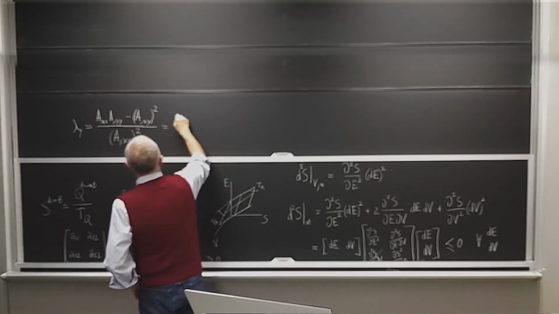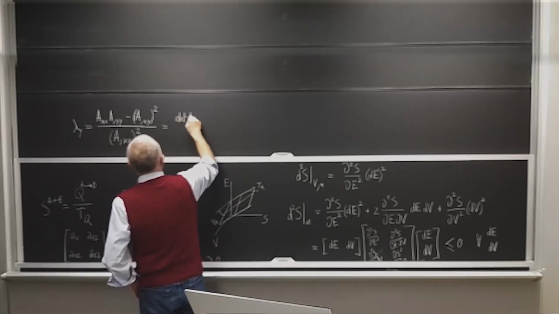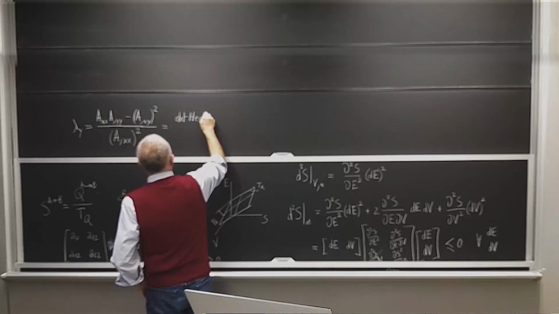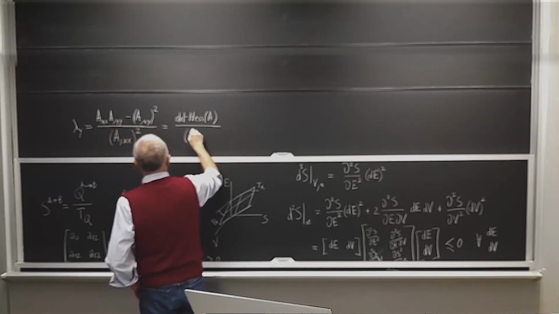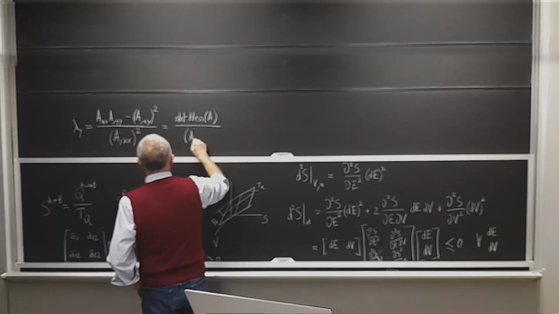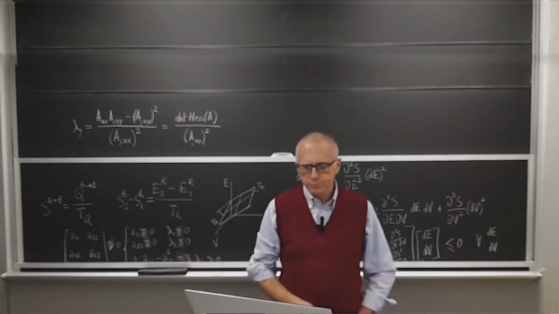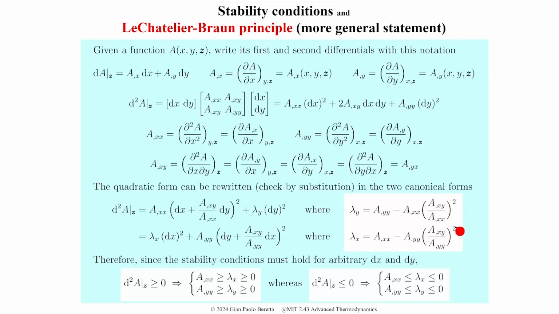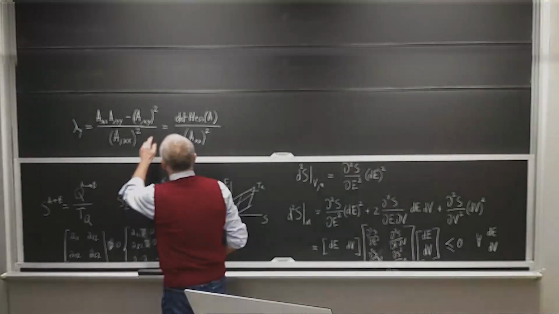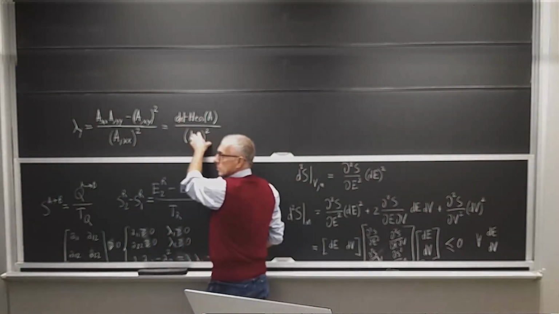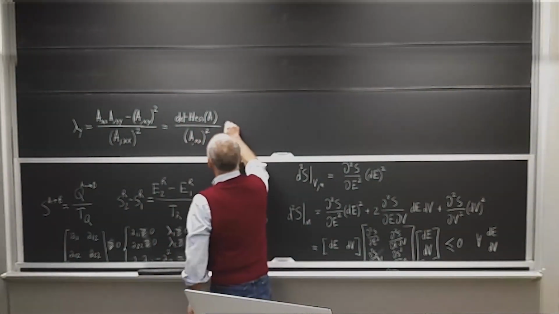That is the determinant of the matrix, that numerator. So, since the matrix is positive, the numerator is positive, the denominator is positive, so this is also positive.